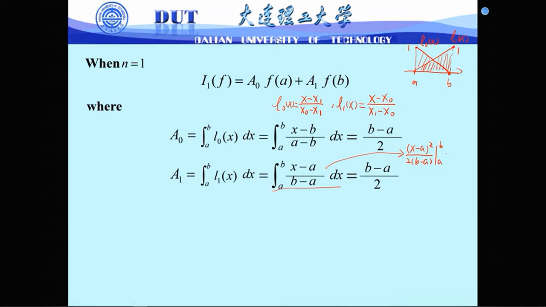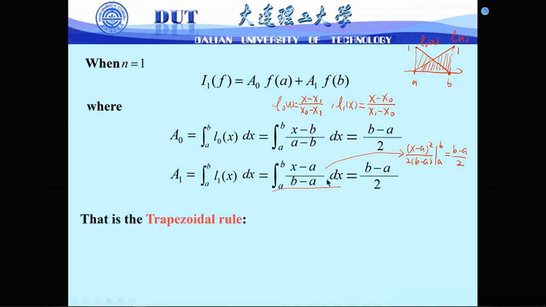So here, when x equals a, x minus a is 0. So only when x equals b, we have (b minus a) squared over 2 multiply (b minus a). Of course, it's just (b minus a) over 2. Right? It's okay? We obtain the weight a_1. Of course, it is similar to obtain a_0 as (b minus a) over 2.